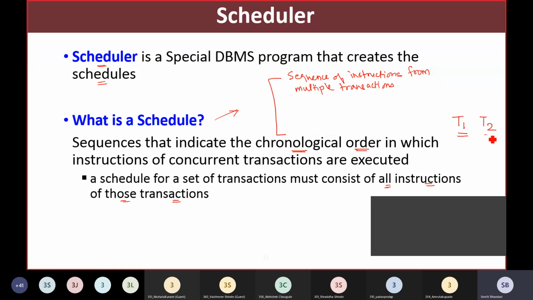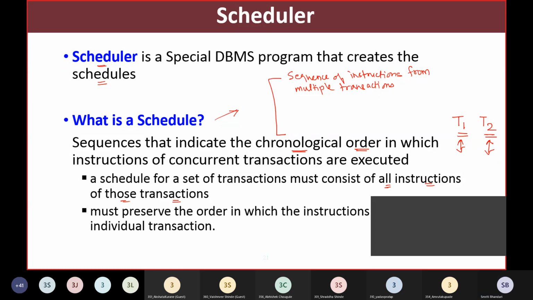So if I have a schedule wherein two transactions are participating, say T1 and T2, then the schedule must have all the instructions from T1 and all the instructions from T2, right?